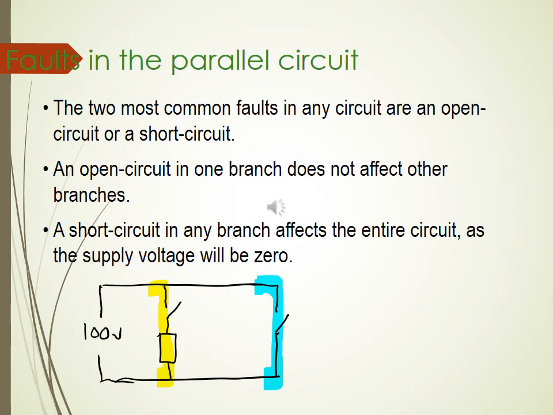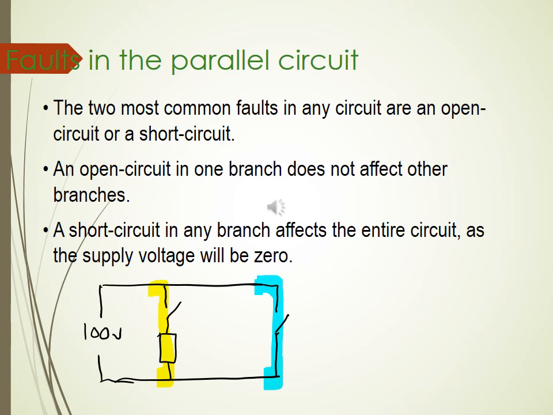Well, let's consider some faults in parallel circuits. The little drawing down below I've marked up in yellow with a switch and a resistor. So you can see that if this switch is open circuited, there would be no current flowing down the yellow path. The resistor would have no current through it. It would be dissipating no heat or consuming no power.